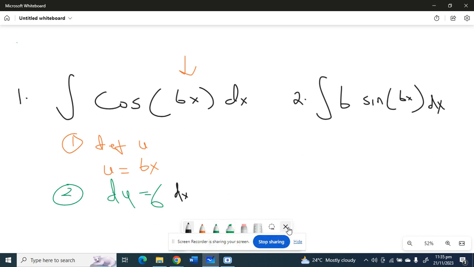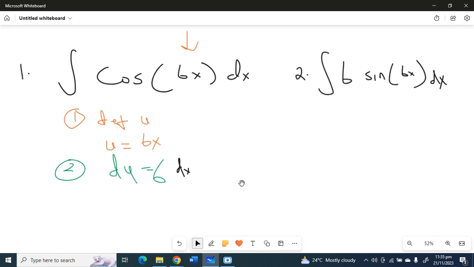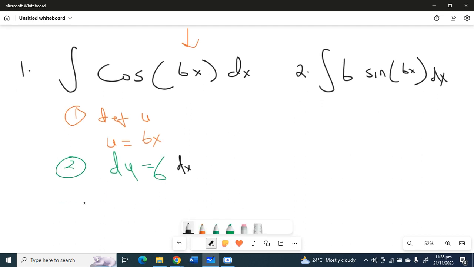Step 3, what we're going to need to do is make dx the subject of the formula. So to make dx the subject, we need to divide both sides by 6. So du over 6, that's what our dx equals.